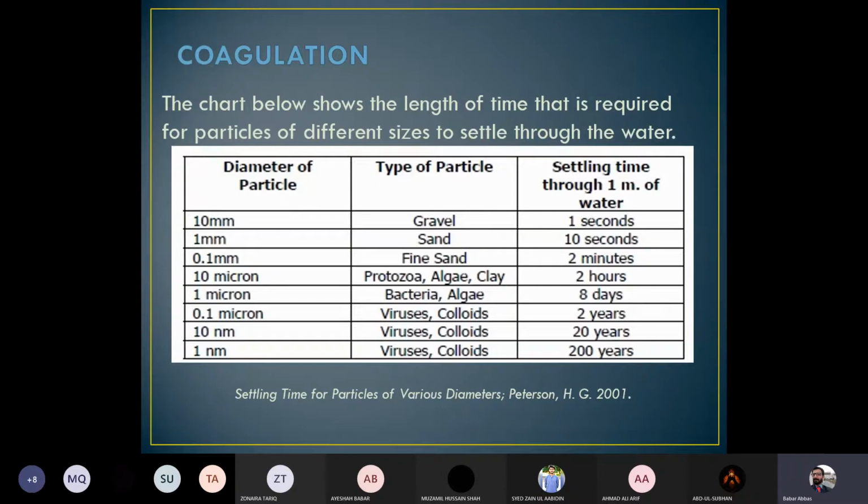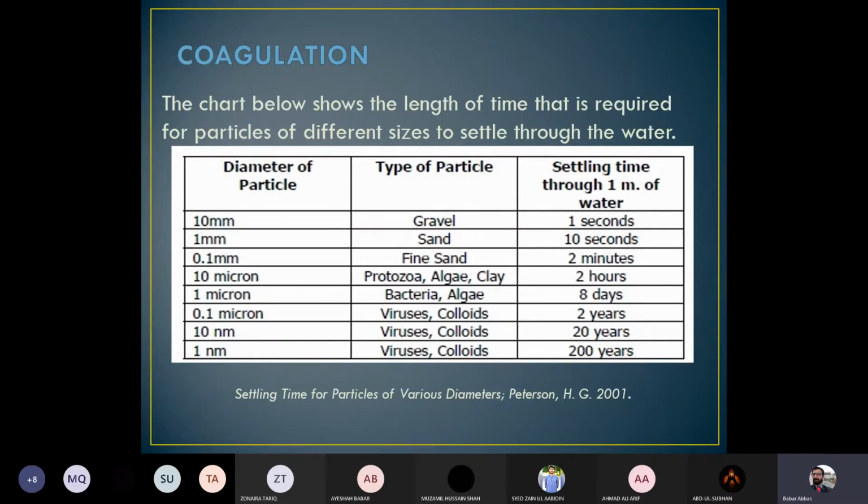Otherwise we have to build much larger structures, as the detention time or retention time of the water for the settlement of these particles is very high, and we have to remove these particles prior to sending the water to the other unit operations.